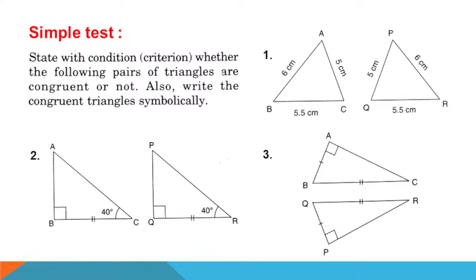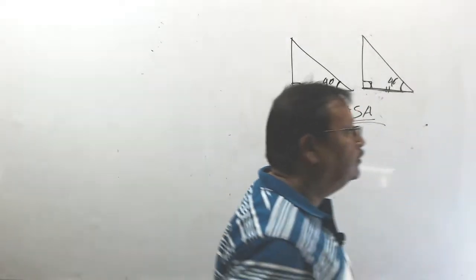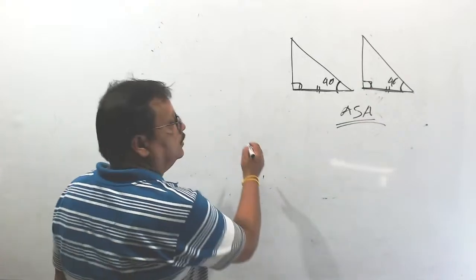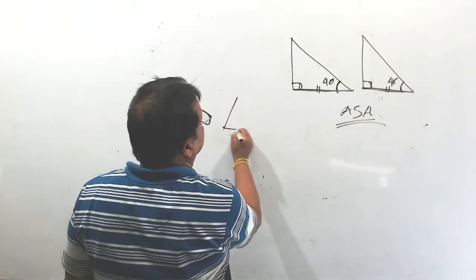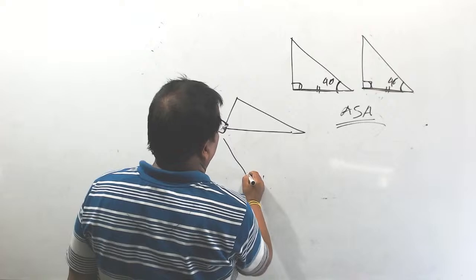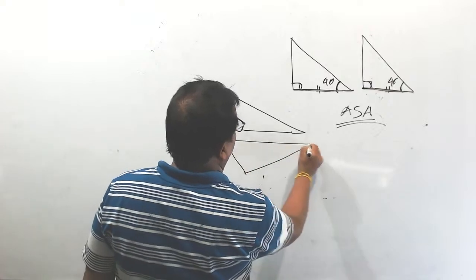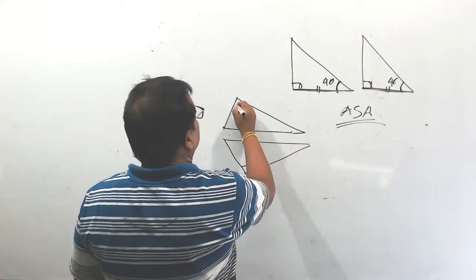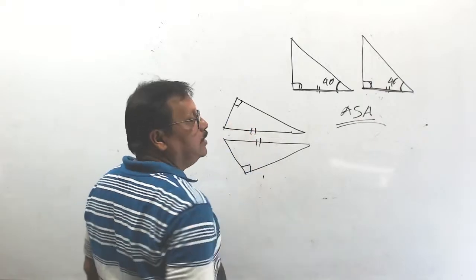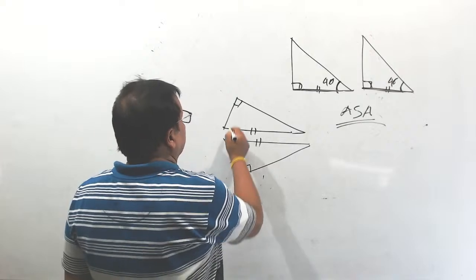Number 3, like this. It is right angle given to you. These sides are equal. These sides are equal.